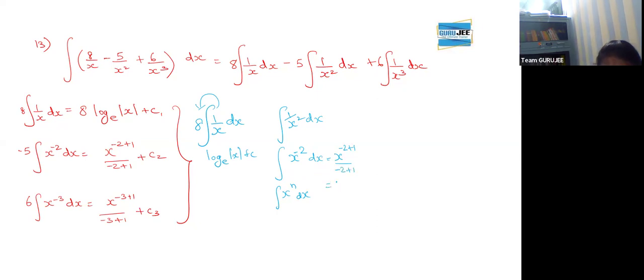What will result? Minus 2 plus 1 is minus 1. Minus 1 by minus 1, which will be equal to minus 1 by x. Yeah, minus 1 by x. Don't copy. It is a homework problem. I am explaining it.